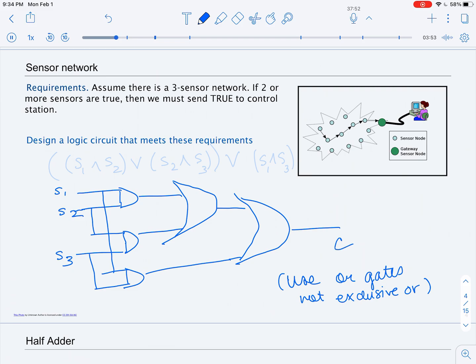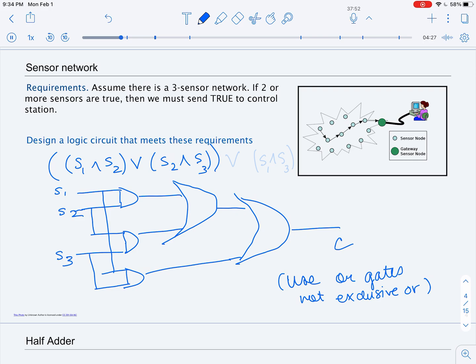And so let's just make sure that we are meeting the requirements. So this first gate right here is calculating S1 and S2. And the next gate is calculating S2 and S3. And we can see that this first OR gate is taking the OR of those.